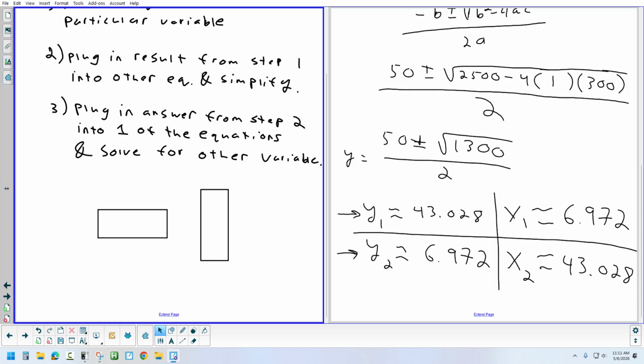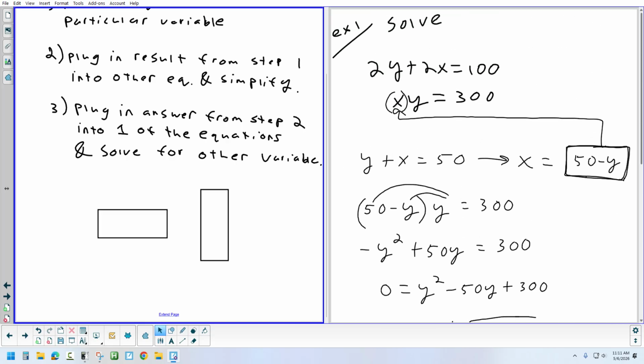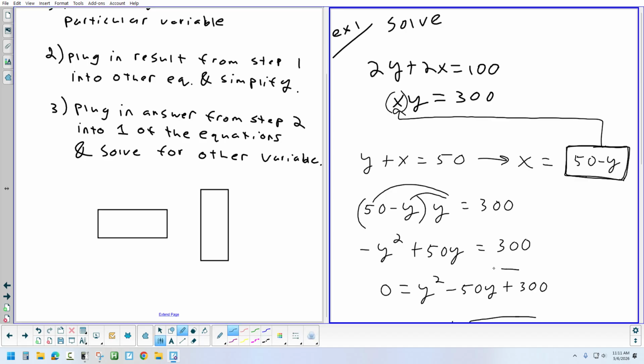All right. So we do get two different answers, but now let's think about visually why we get two different answers. We had a system of equations. If you draw something like this, y squared minus 50y plus 300, what kind of shape is that?